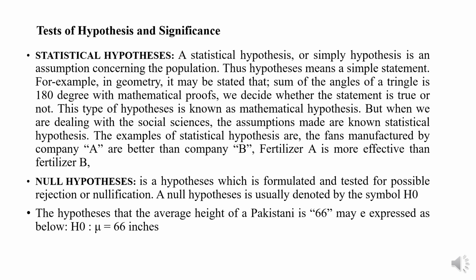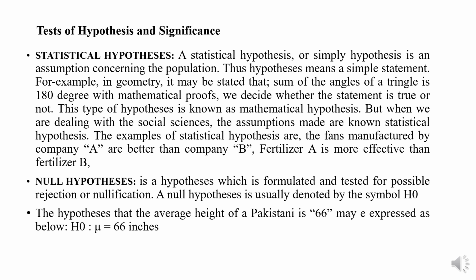We understand it with the help of examples. An example of a statistical hypothesis is that the fans manufactured by company A are better than those of company B. Like there are two companies A and B and both are manufacturing fans.